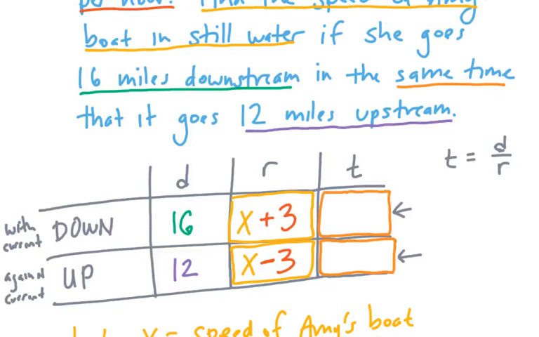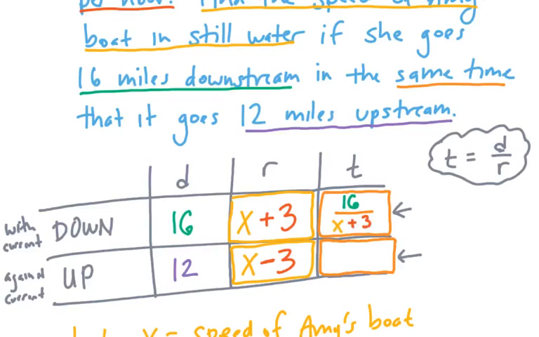So now that I have my chart filled in, mostly, I can use this relationship of time equals distance over rate, and I can fill in that last block. If you need to pause for a moment and make sure you feel good on our setup so far, please do so for sure. I'm going to start filling in the time for downstream as the distance down, which is 16, divided by the rate down, which we described as x plus 3.